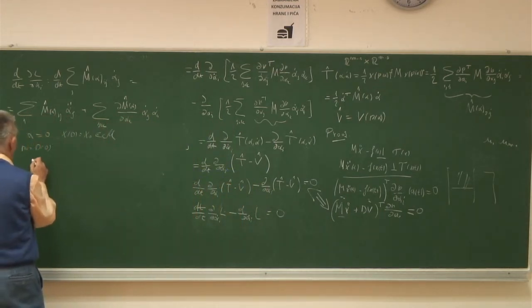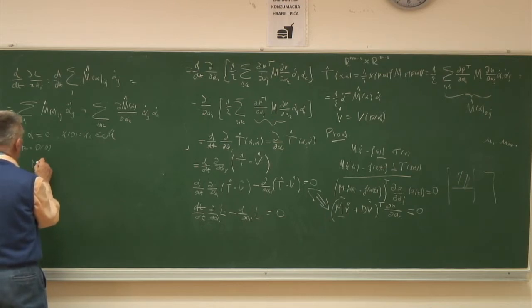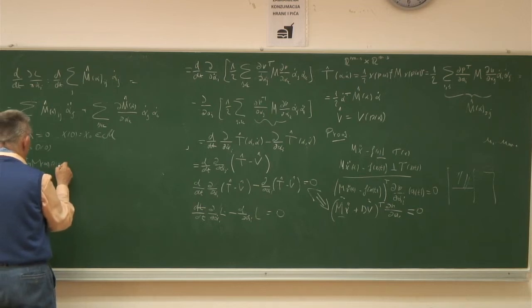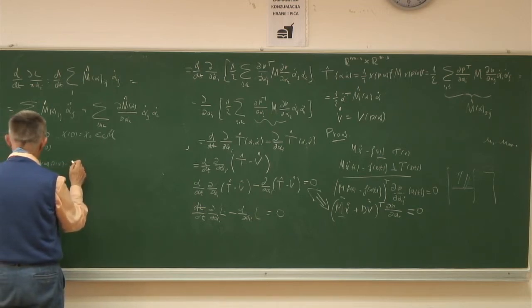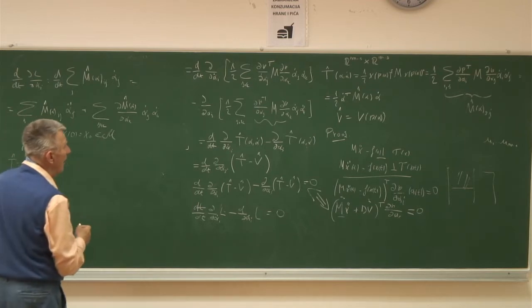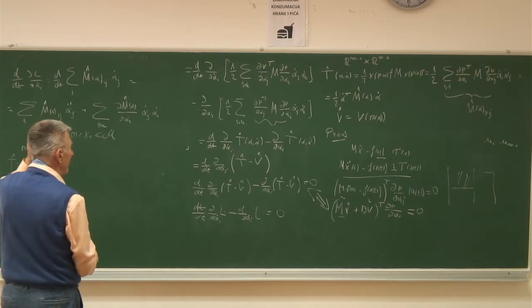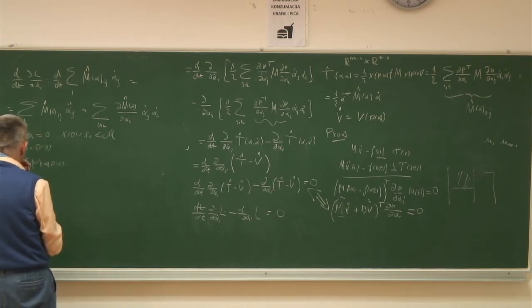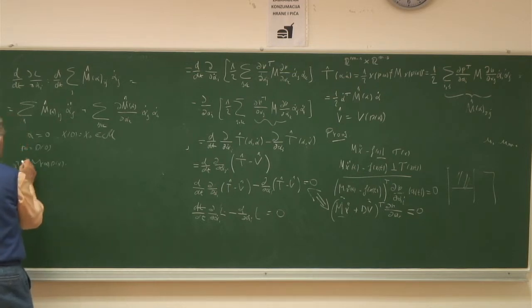So we have m of alpha, the kinetic energy, m of alpha, p of alpha times alpha t.